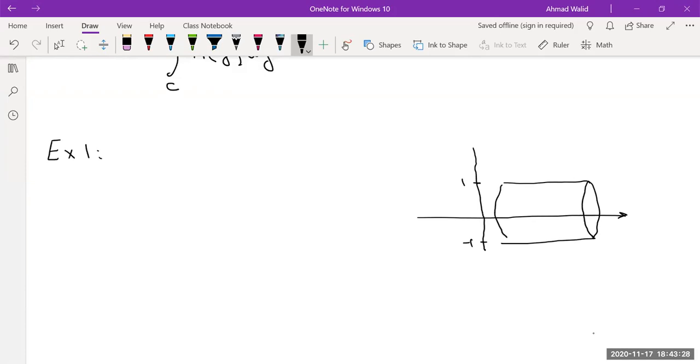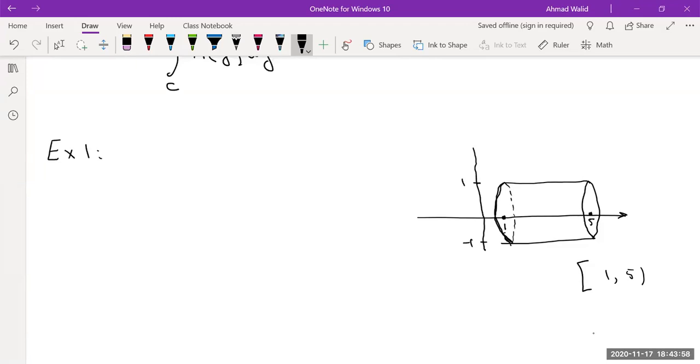Maybe here like this. Is that good? Like that. Correct? This is a cylinder. And if I show it as 3D for you, this point is 1 and this point is 5. This is your interval from 1 to 5. I want to find the volume of this cylinder.